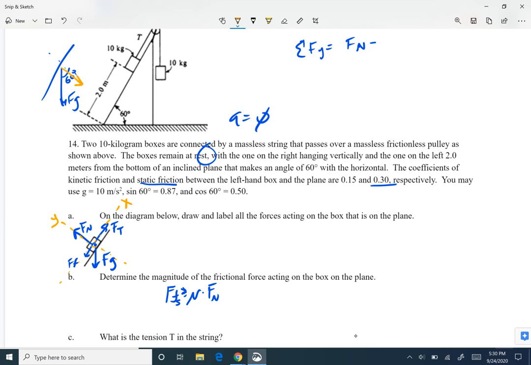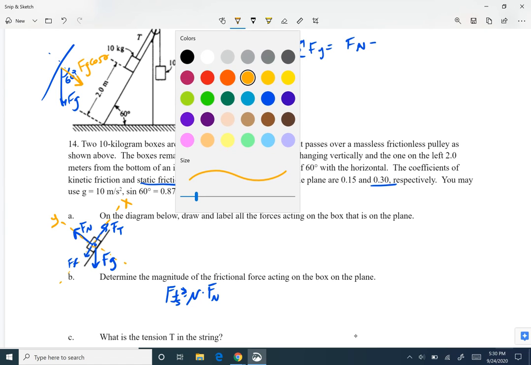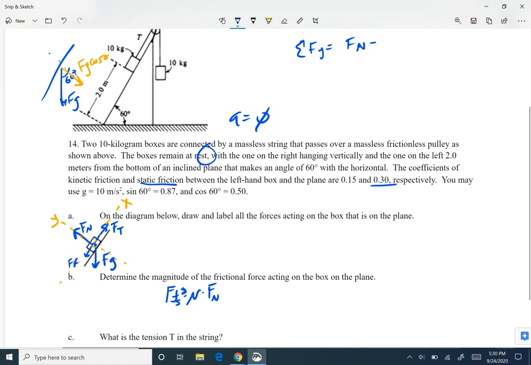And since that is adjacent to our angle here, this is going to be FG cosine theta. All right, so then we can say we want only that component, minus FG cosine theta. We can say that this is equal to 0 because it's not moving. There is no acceleration, okay?